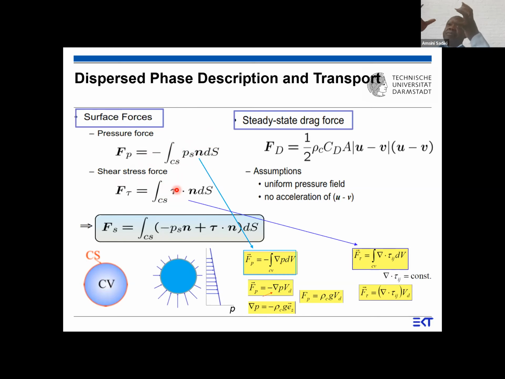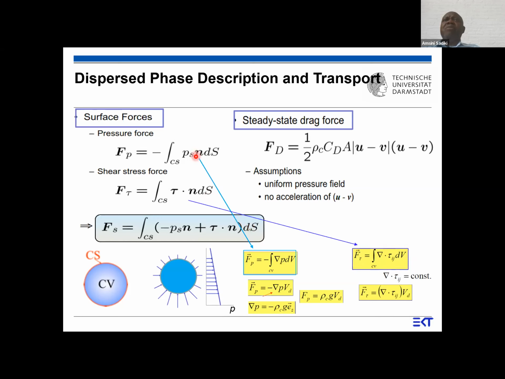We have the pressure and also the stress vector. The stress vector is a force, but we can relate this force to the corresponding tensor, and we can do a transformation to put it in a control volume expression, going from the surface to the volume. We have the Gaussian expression, and this force can be transformed in this way.